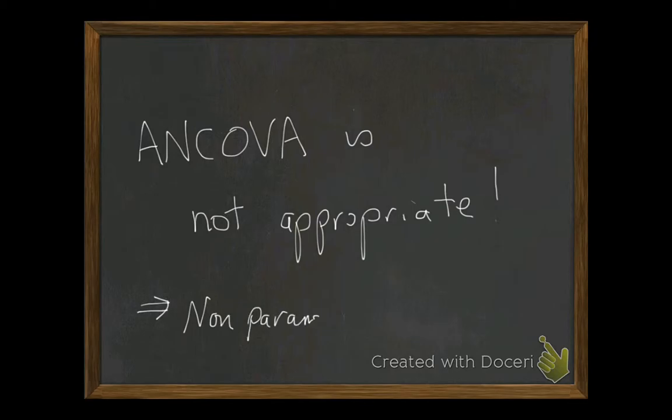I don't remember exactly, I think the equivalent one is this one, and I probably don't have that spelled correctly, but I think that's the non-parametric design that's similar to ANCOVA when assumptions are violated.